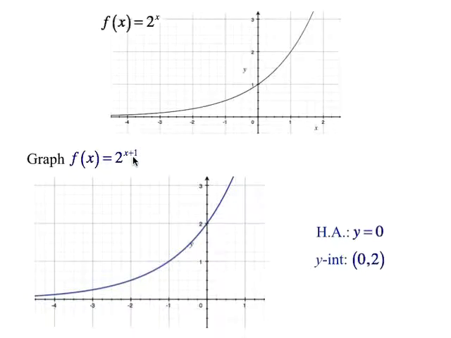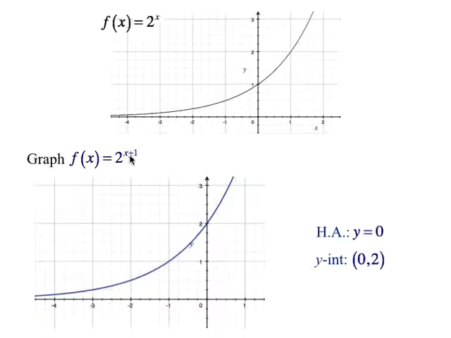What happens if we add a 1 up in the exponent? Well, what it's going to do is move the entire graph. The graph stays exactly the same shape. It just slides directly to the left 1. Again, why is that? Well, normally when you put 1 in for x, you get 2 out for y.